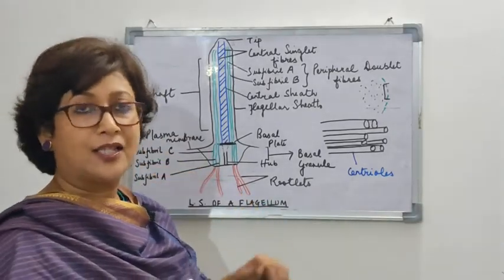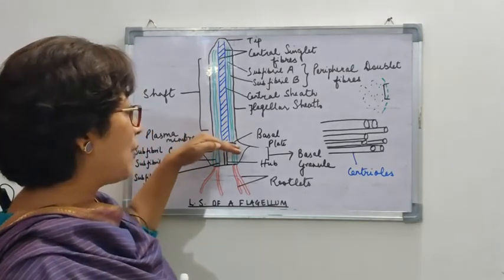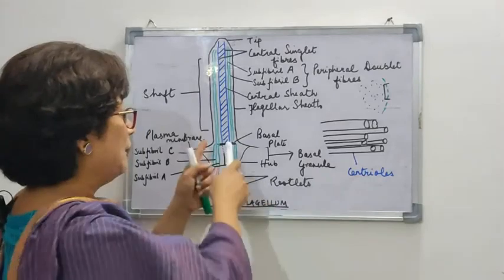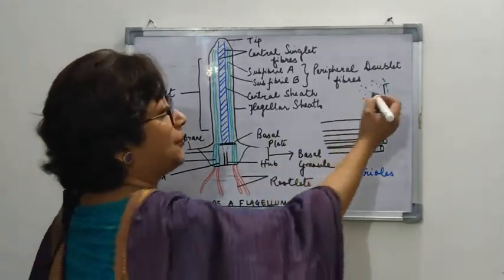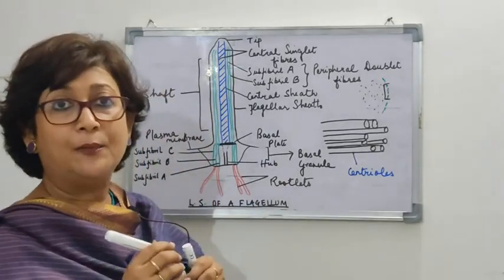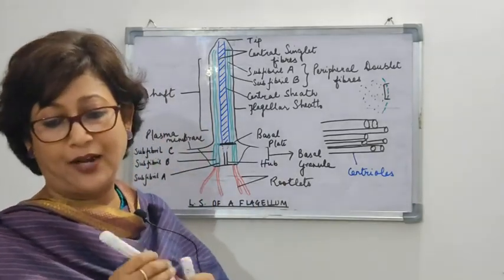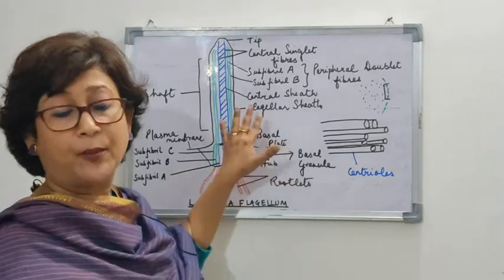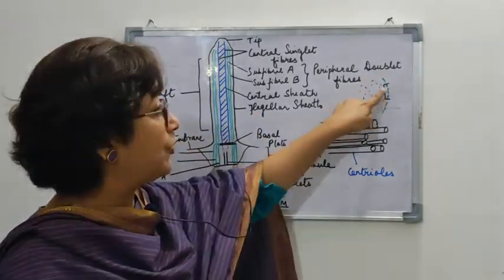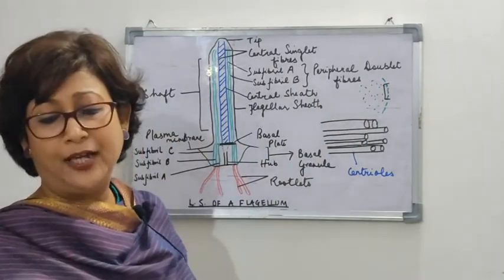And this is found at the level of the plasma membrane. That means this basal plate is present somewhere over here at the level of the plasma membrane.